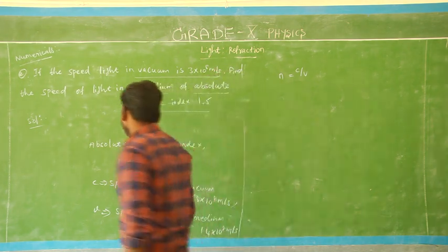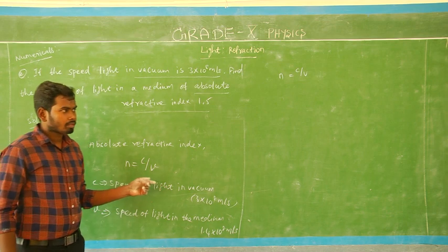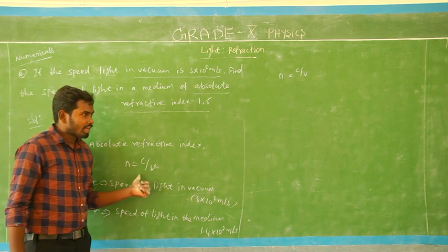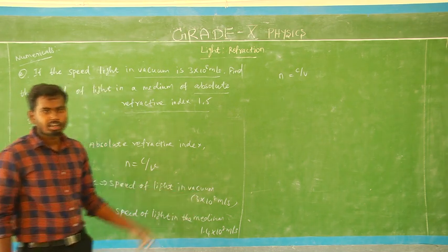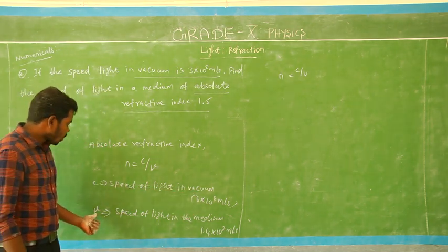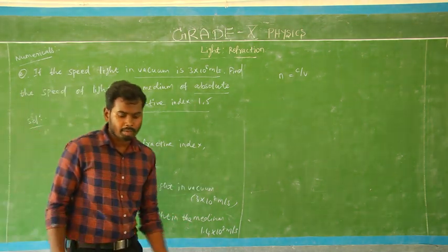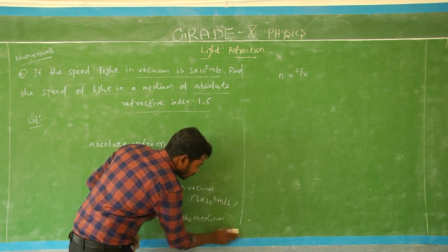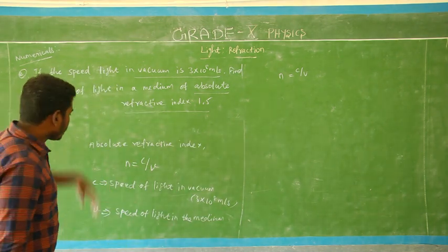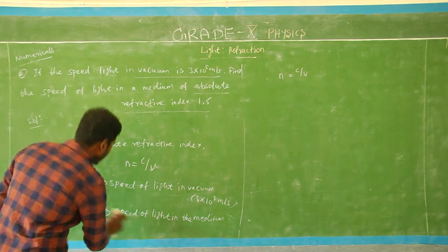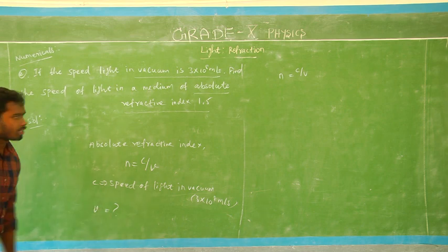So the absolute refractive index formula: n is equal to C by V. What is C? Speed of light in vacuum is 3 into 10 to the power 8 meter per second. Next, small v is the speed of light in that particular medium. That we don't know; we need to calculate it. What value do we know?